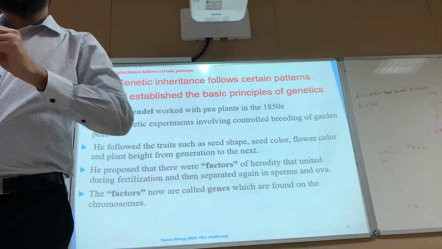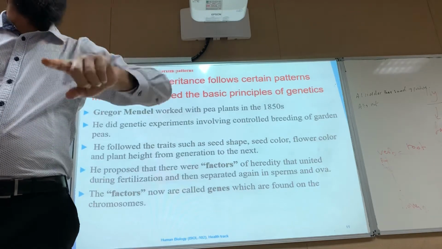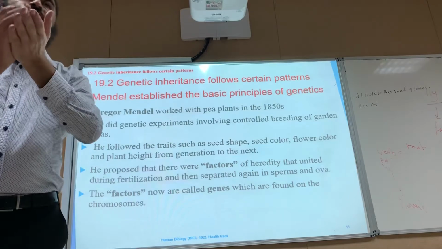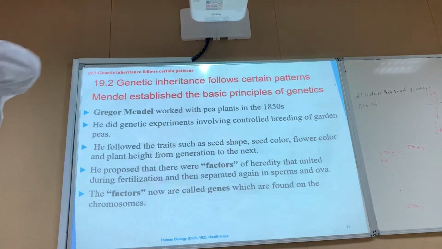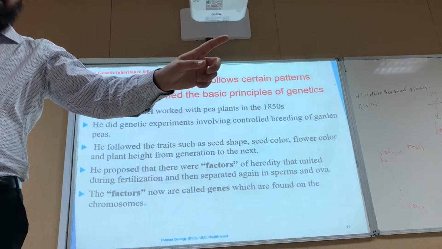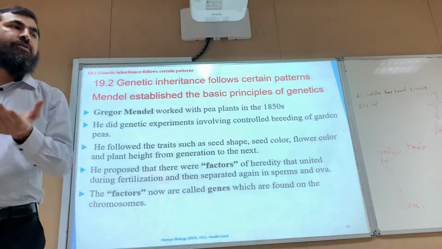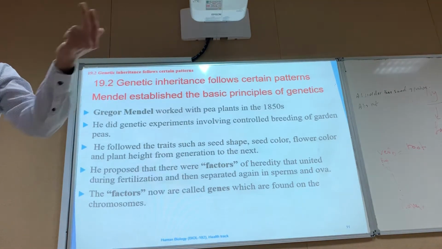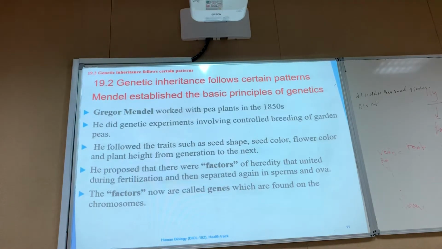Then they separate. From 2n we reach n, so we get haploid. The factors he's talking about separate here, and then they reunite after fertilization, when the sperm and the egg come together. This is what he established from his experiments.